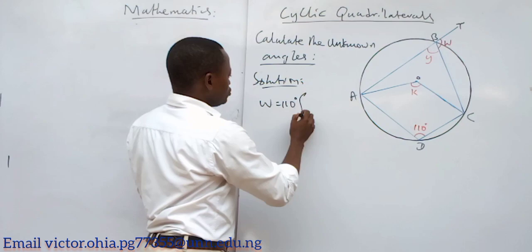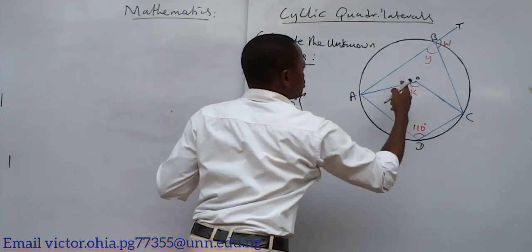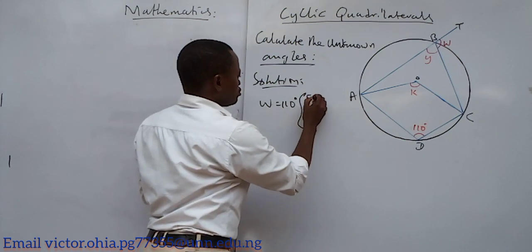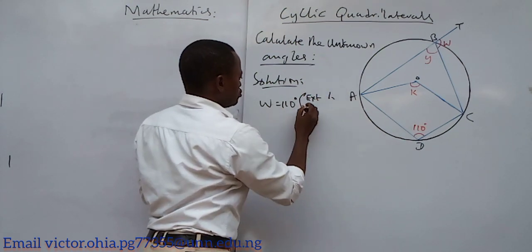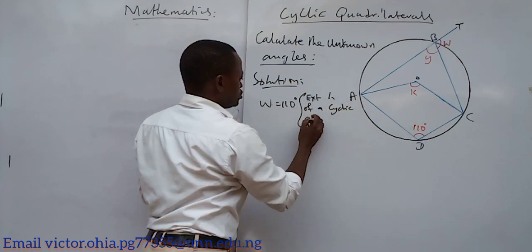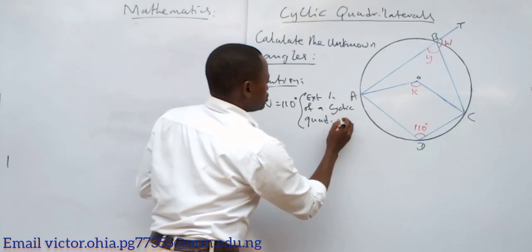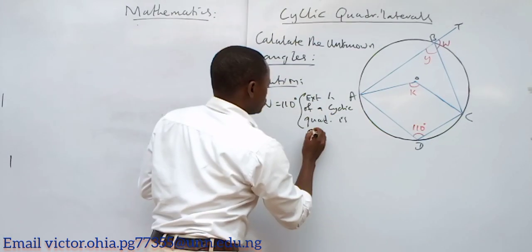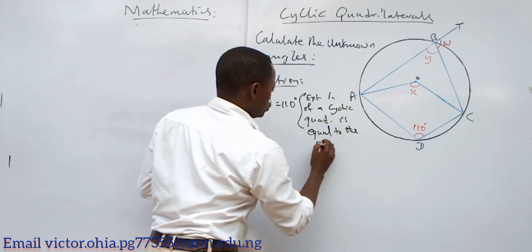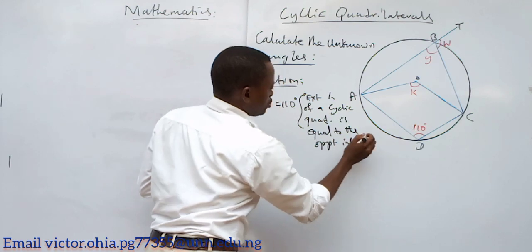So I am going to say that the exterior angle of a cyclic quad, I will use quad for quadrilateral, is equal to the opposite interior angle.